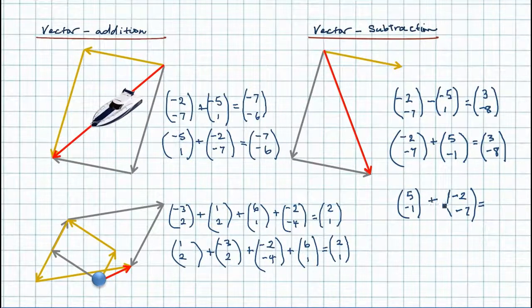So again, if we've got 5 plus minus 2, that's 5 minus 2, giving us 3. And minus 1 plus minus 7, or minus 1 minus 7, gives us negative 8. So again, we've shown the commutative law operates here as well, and we've completed our parallelogram.